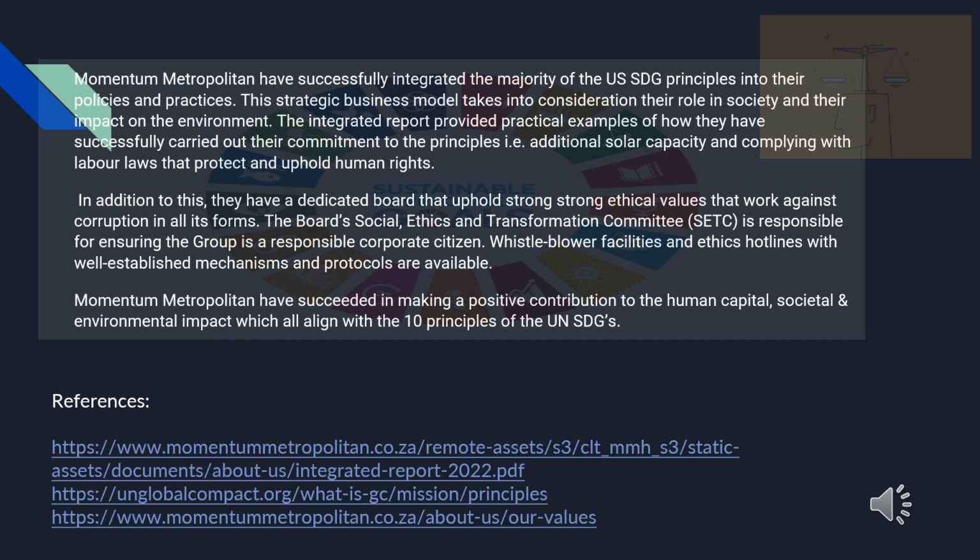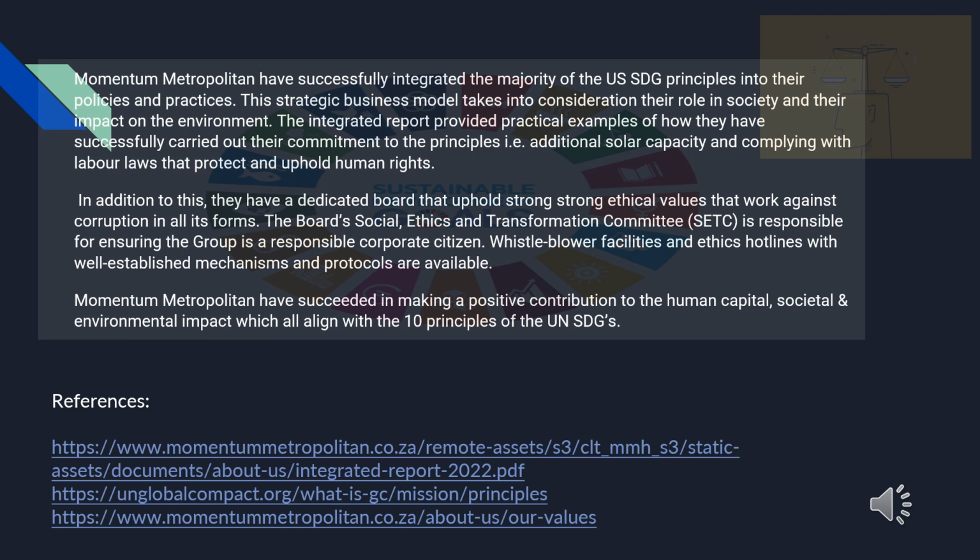Momentum Metropolitan have been successful in applying the UN SDG principles into their business model. They have a dedicated board committee, called the Board Social, Ethics and Transformation Committee, otherwise known as SETC.